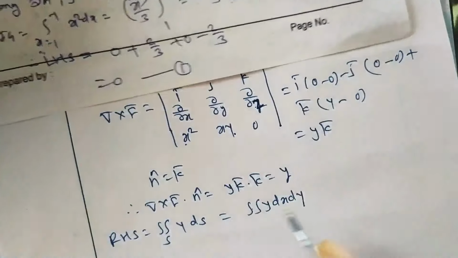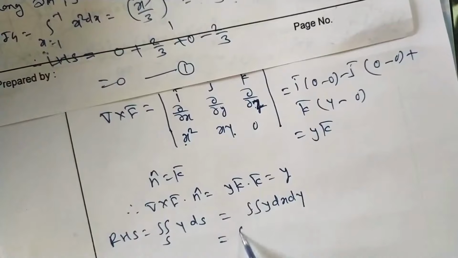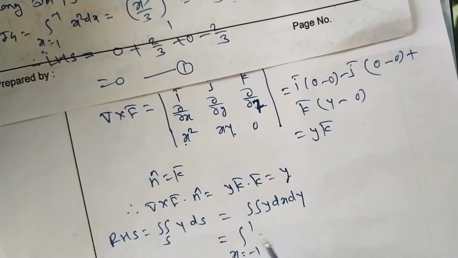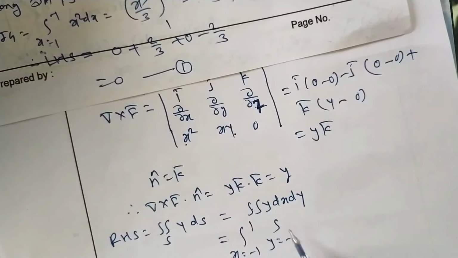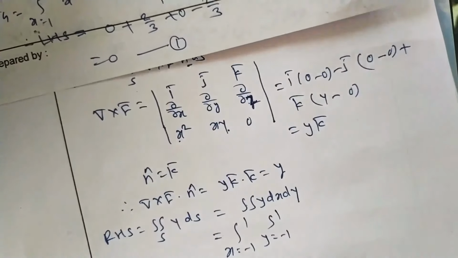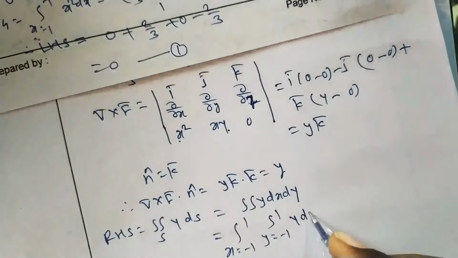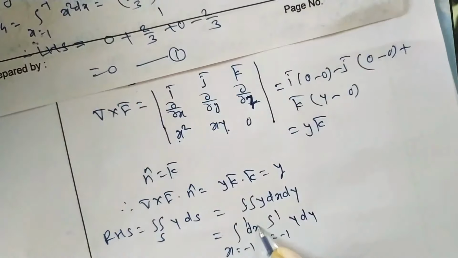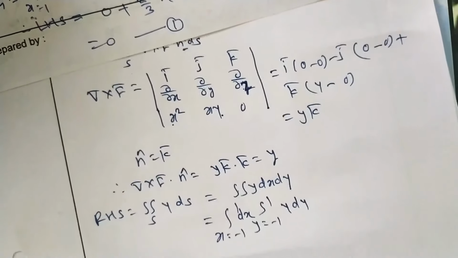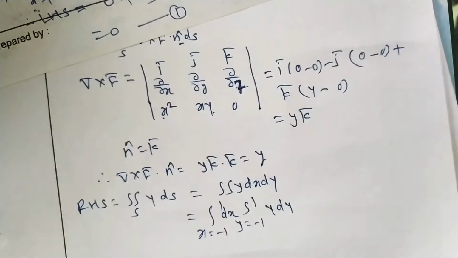So from that strip we can write limit of x -1 to +1, limit of y -1 to +1, this is given in the problem, into y dy and here dx, because both limits are constant. So we can take integration separately here.